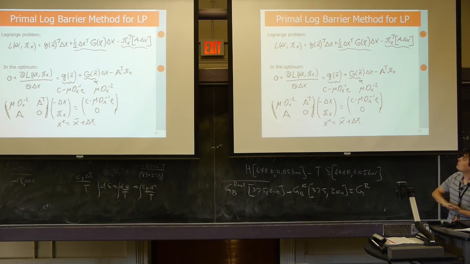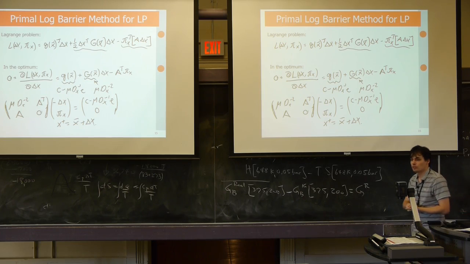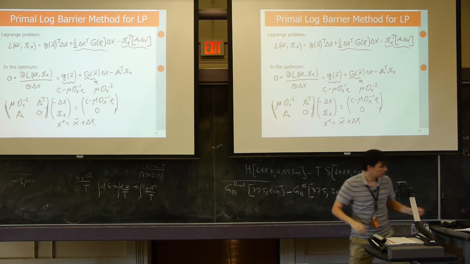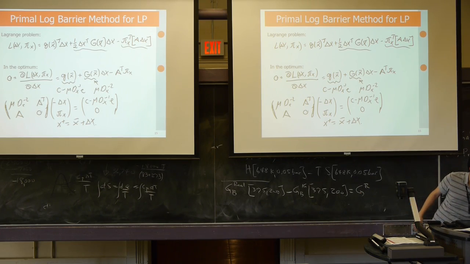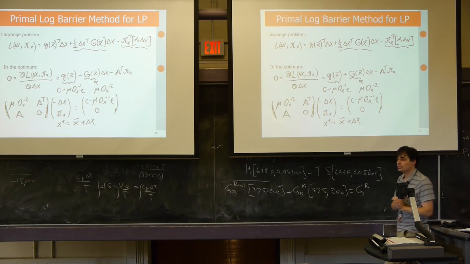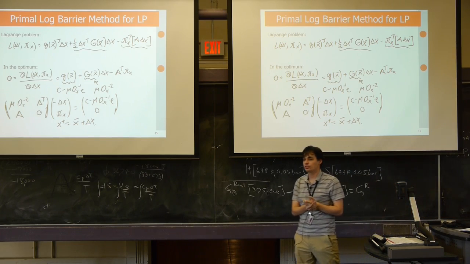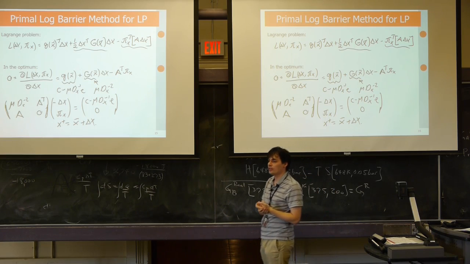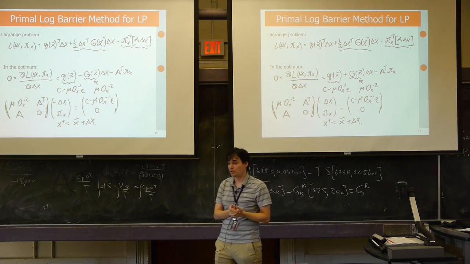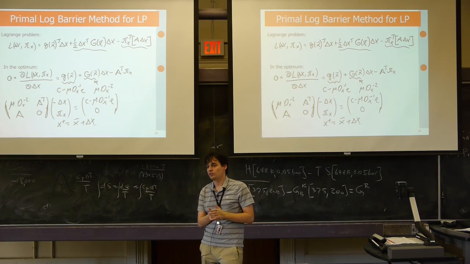It's called primal because we just use the primal problem. But I hope we still have some time. Yes. So there's a primal-dual method as well, where, again, our goal is to solve linear programs, and we will use both the primal and dual form for that.